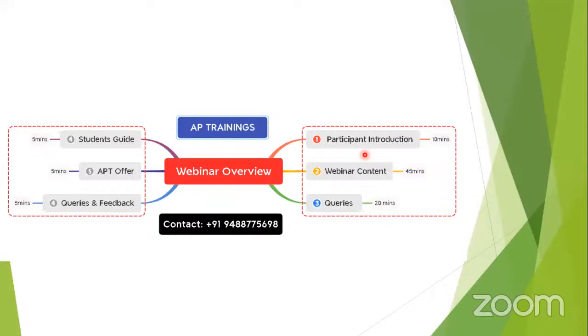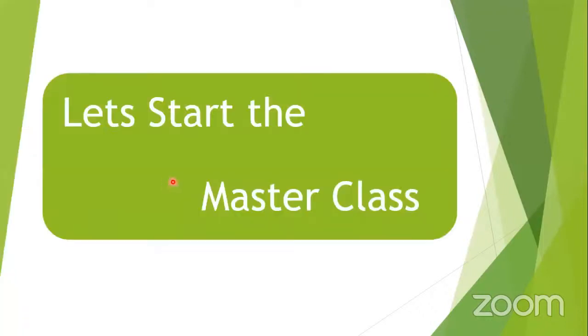You can introduce yourself, your name, your professional background, as well as your expectation in this masterclass. Then the trainer will take the webinar content for 45 minutes, followed by the query session, where you can directly interact with the expert and the expert will clear your queries. This is followed by the student's guide, then the APT offer, and the final one is the queries and feedback session. This is the agenda of this masterclass. Let's start the masterclass.